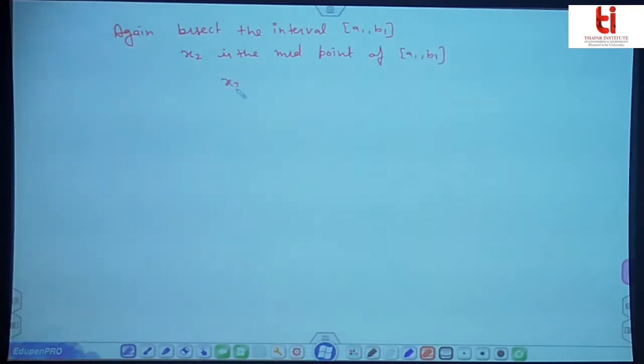Then we can write x2 as (a1 plus b1) upon 2, and the intervals formed are [a1,x2] and [x2,b1]. So we got these two intervals.